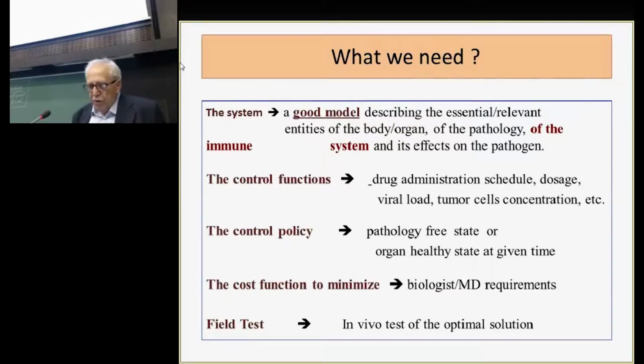We know the viral load. We know the tumor cell concentration. Well, we can expect to know something about that. And then we have the control policy and, again, the cost function to minimize. I will assume we have done it.